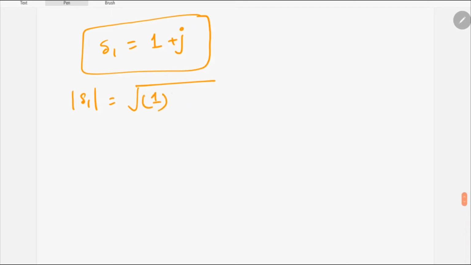We take the real part squared plus the imaginary part squared, right? We don't take any iota or j, we just take the coefficient. So the coefficient of j is 1, and this will be equal to root 2, or 1.414.